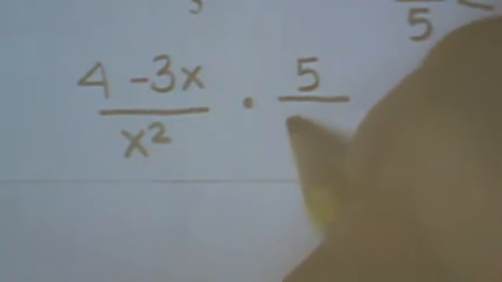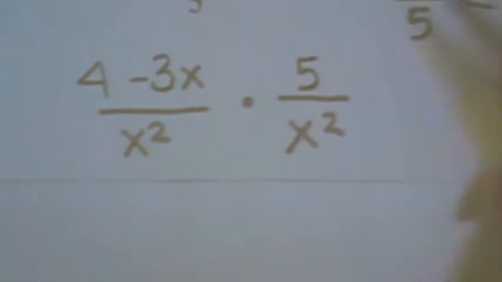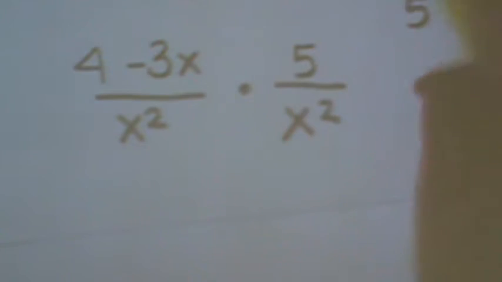Now your job is you're going to flip this fraction and multiply it. So you have 4 minus 3x over x squared. Now I wish this were flipped, because when you flip it, the x squareds will cancel. But unfortunately, this is the problem that was given to us. When we flip this, the 5 goes in the numerator and the x squared goes in the denominator.